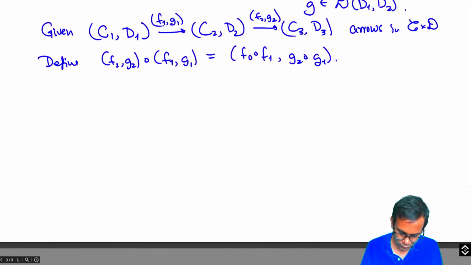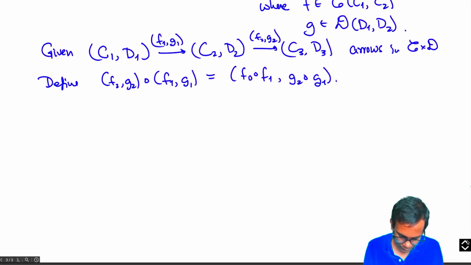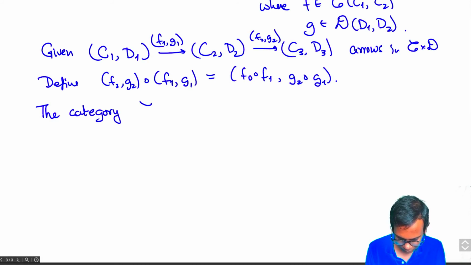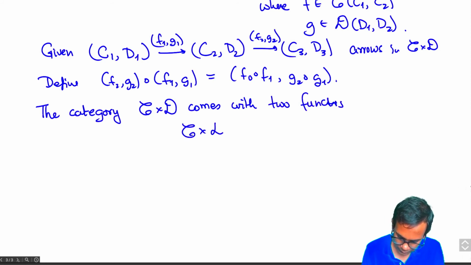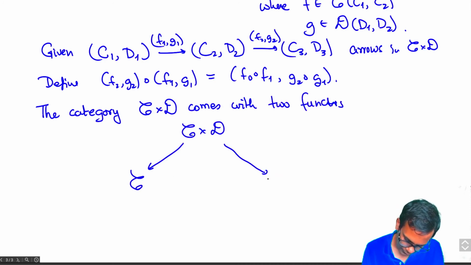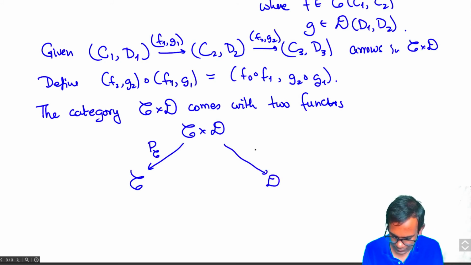So this C cross D comes with two functors. C cross D has a functor to the category C and a functor to the category D. I'll call these functors P_C and P_D.